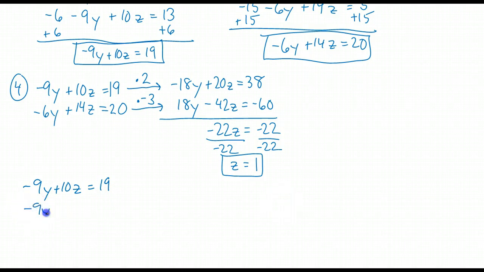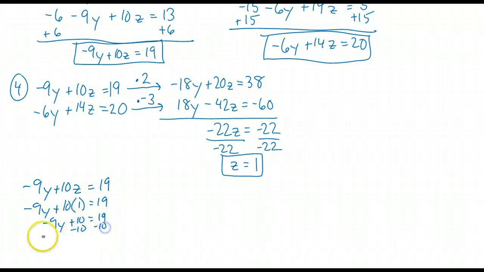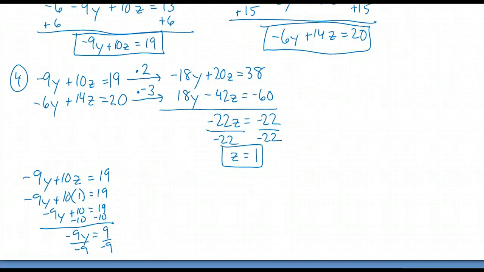So negative 9y plus 10 times 1 has to give me 19. So negative 9y plus 10 has to be 19. Negative 9y has to be 9, which means that y has to be negative 1. So I know my z and I know my y.